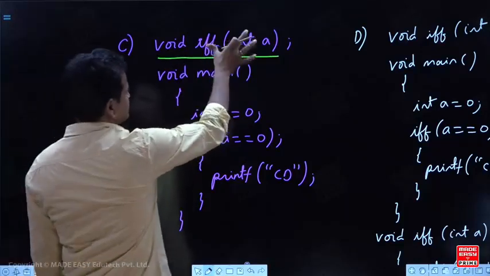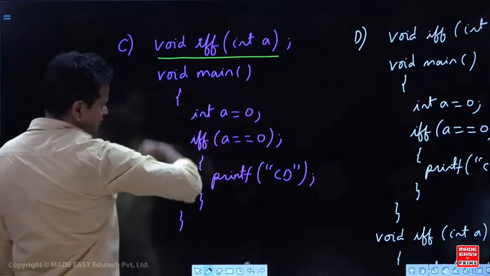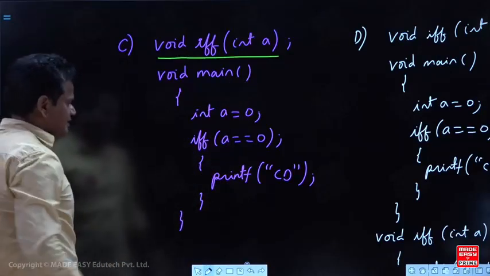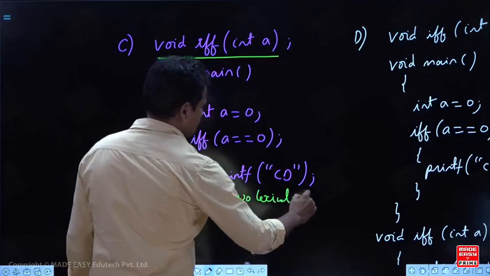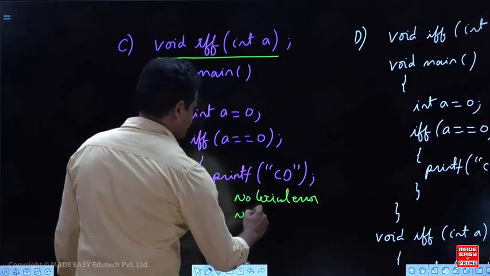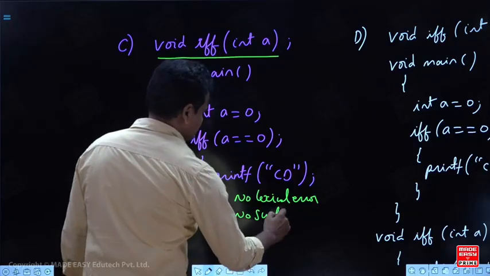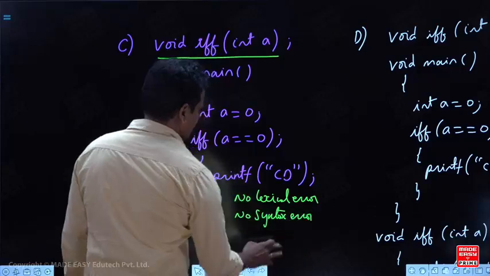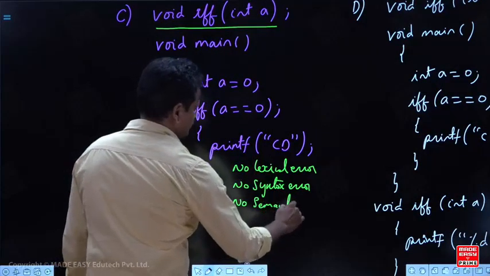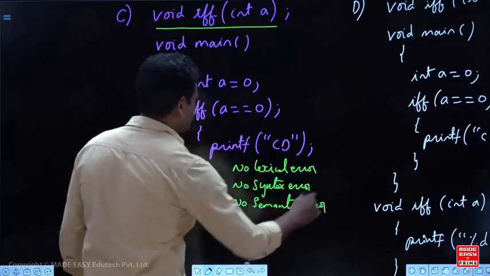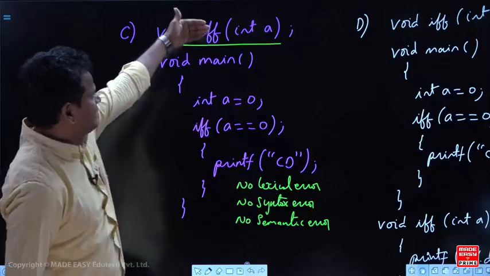We have not defined, just declared. Now if you look at this whole code, there is no lexical error, no syntax error, and even no semantic error, because before calling we have declared the function name.